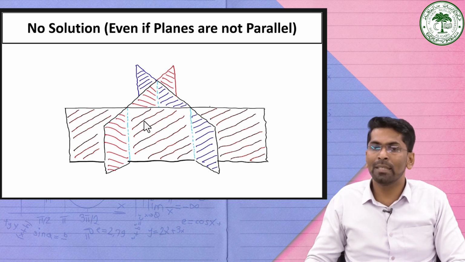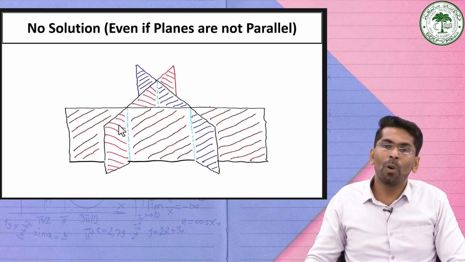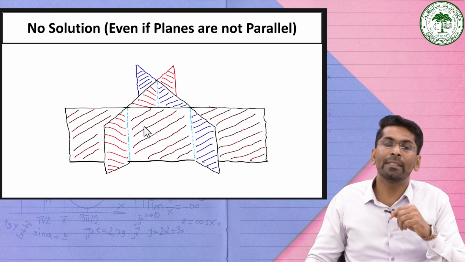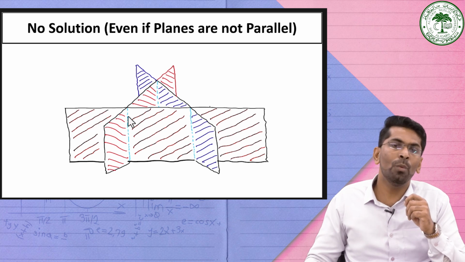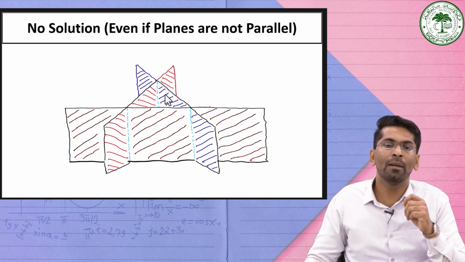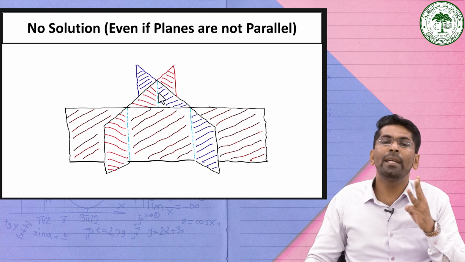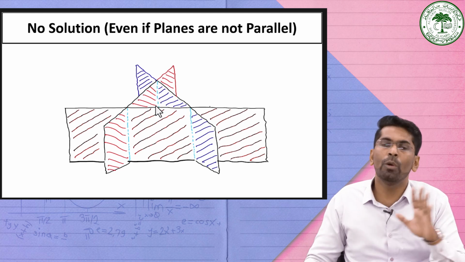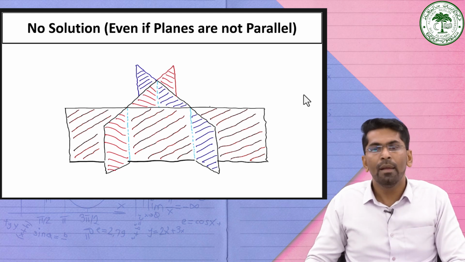This is not parallel, but at the same time it is intersecting by two planes. In this case also, there is nothing common shared by all three planes. Here, we can't find a point where the three planes intersect. Only two are intersecting, either here or here. So the three planes are not intersecting each other, resulting in the system having no solution in this case also.